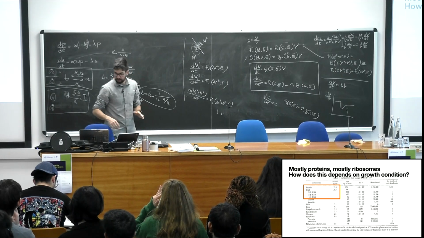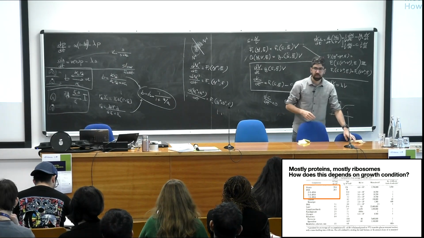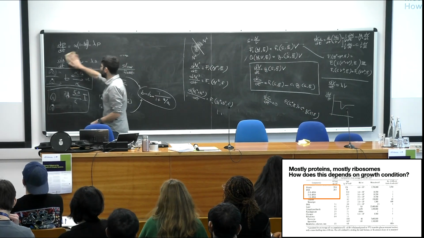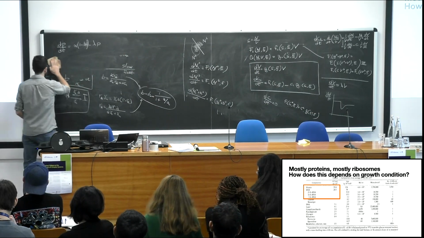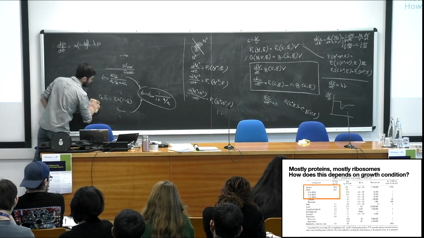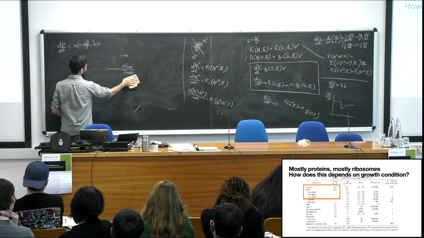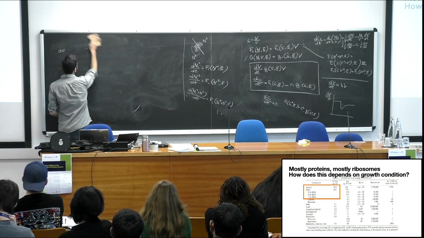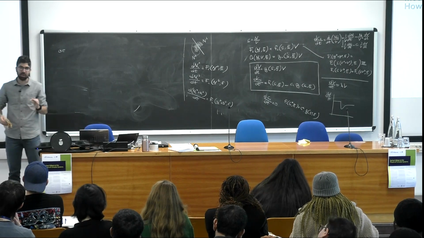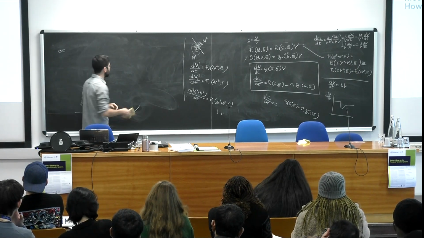So what you do is an experiment where you make sure that you are in exponential growth. Let's say you consider a condition, glucose, and you grow them in glucose for a long time, to simplify, until you are sure that they have been in exponential growth for a while, so this condition of stationarity is met.